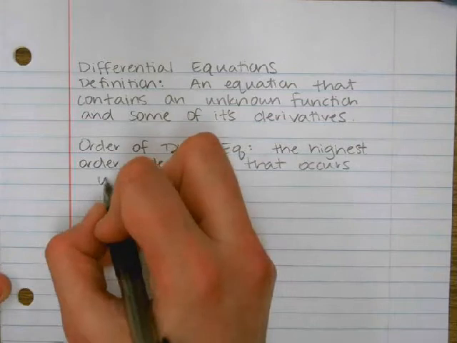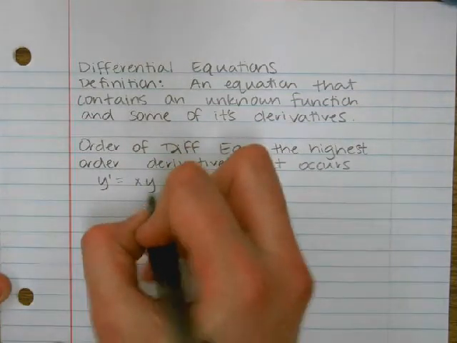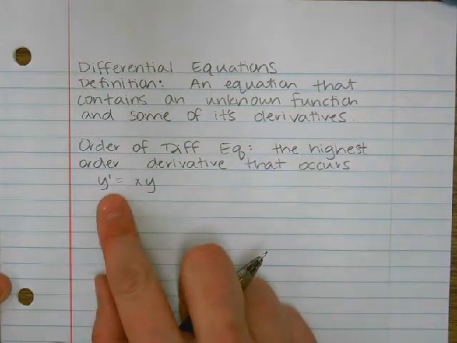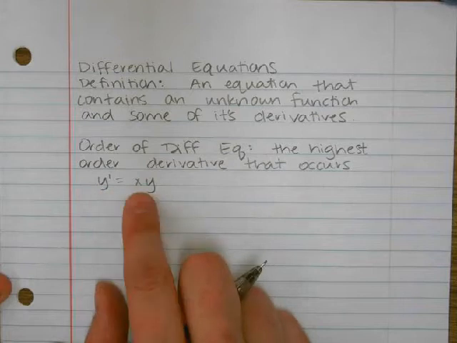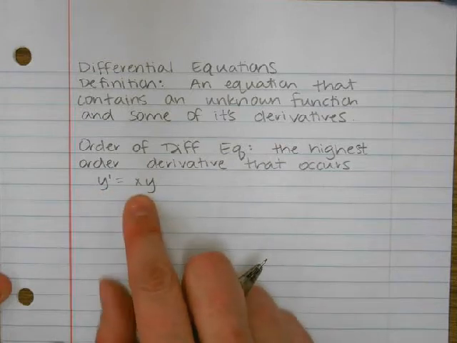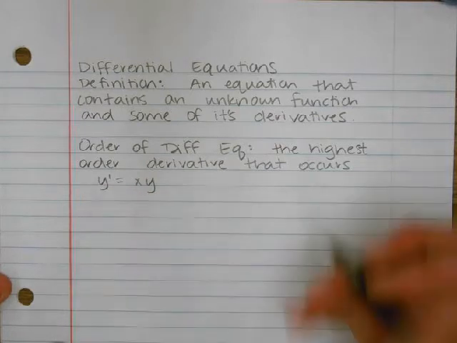So for example, if you had y prime equals xy, y prime is the derivative that shows up in this differential equation, and y would represent some unknown function. And here we would say this is a first order differential equation because you only have the first derivative in there.